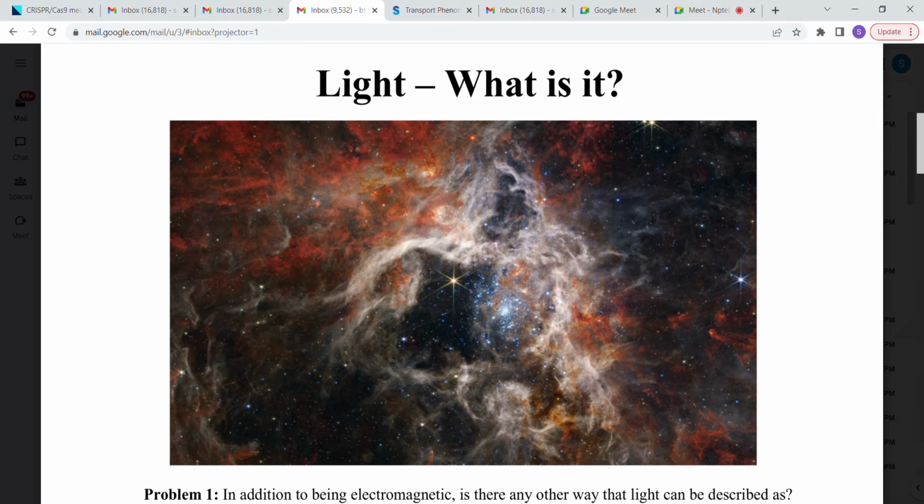James Webb Telescope, correct? So the point is this, right? It took light around 600,000 years to come and be captured by this telescope. So this piece of information that you're seeing right now is the picture of the nebula as it was, not in our years, but with respect to the speed of light, around 600,000 years ago.